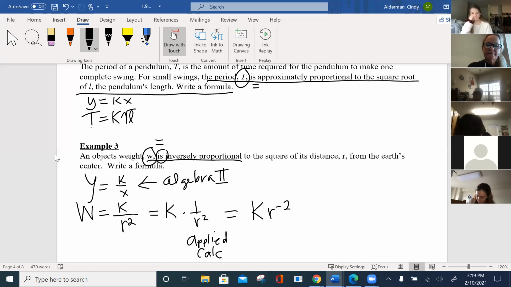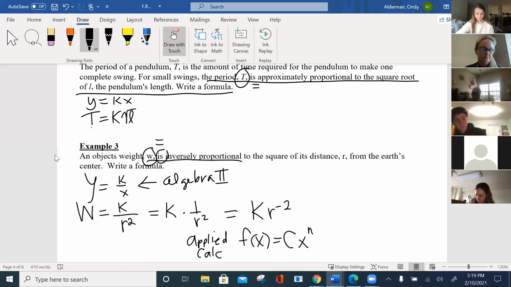And then now look, it looks a lot like f of x is equal to c, where c is now what we're calling the constant of proportionality, and then there's some base to a power. In this particular case, the power is negative, which just looking at it, you should say, oh, that's inversely proportional. That's an inverse proportionality formula.